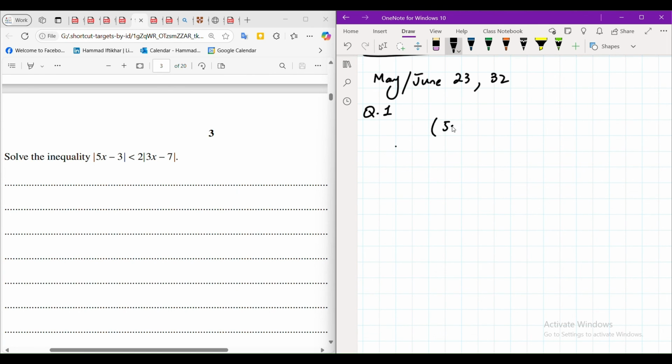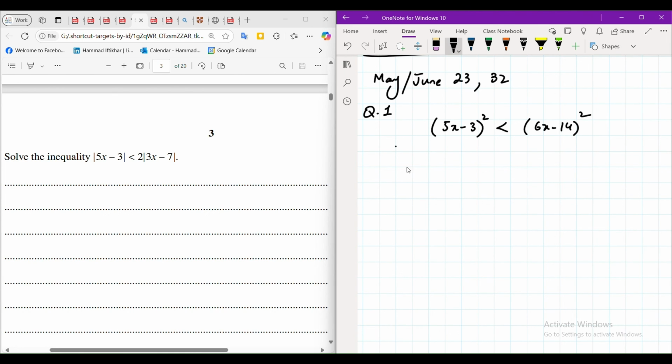So that becomes 5x minus 3 whole squared less than 2 becomes 4 and 3x, sorry, we can multiply the 2 inside, that would become 6x minus 14 whole squared.